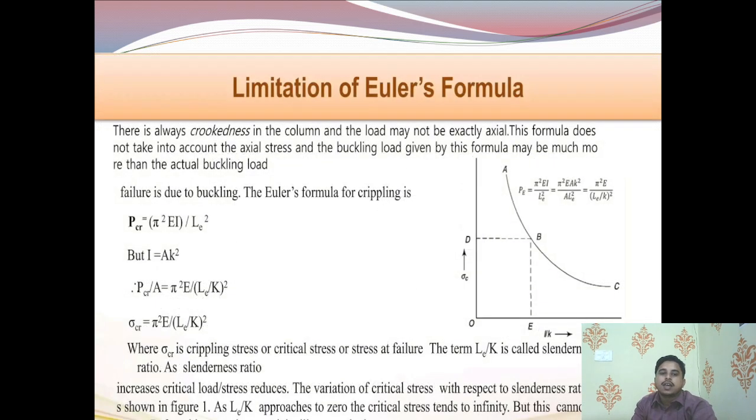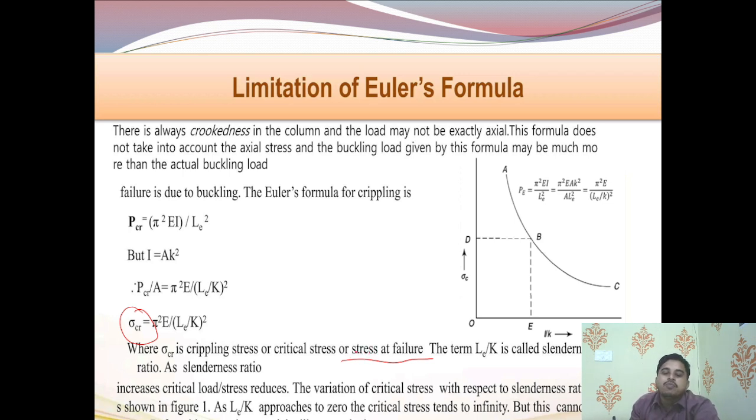Next, there are some limitations in Euler's formula. In pictorial representation, if we summarize this, it will look like this. Sigma CR is the crippling stress. Crippling stress is the stress at failure. When the column is facing failure, the amount of stress the column is experiencing at that time is the crippling stress.